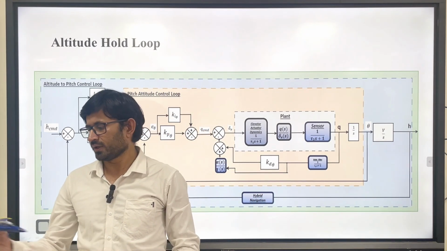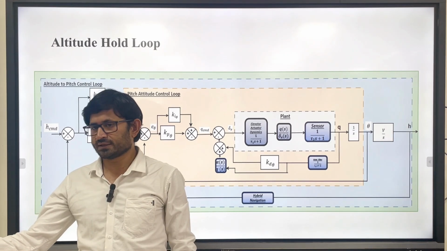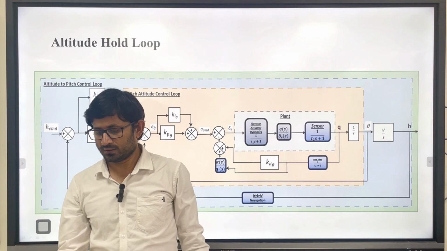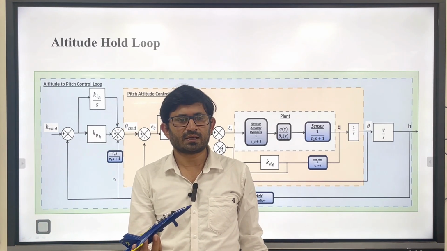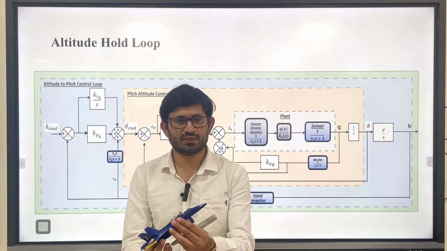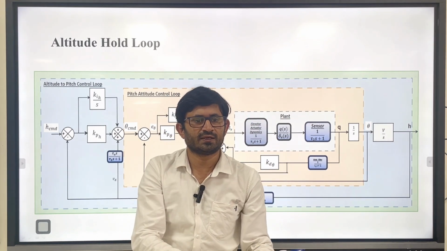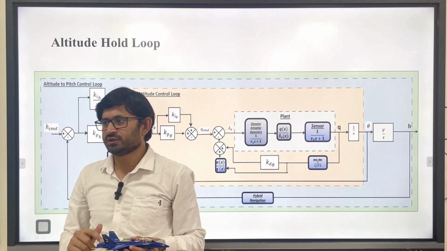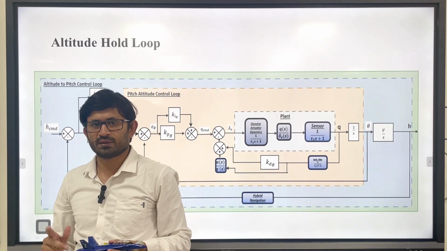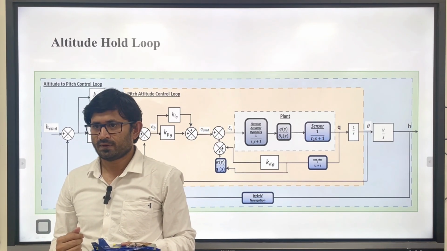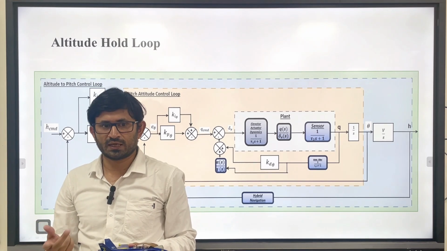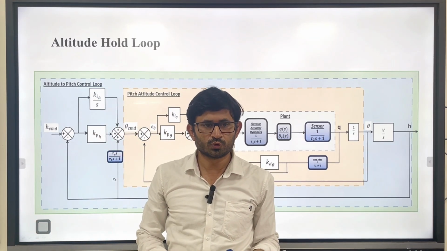For example, you are taxiing on a runway, then take off rotation and climbing, then cruise, then descend, and finally land. So you have to use these two controllers in a very smart way in order to complete the flight. But the use is different for a climb and different for a cruise.